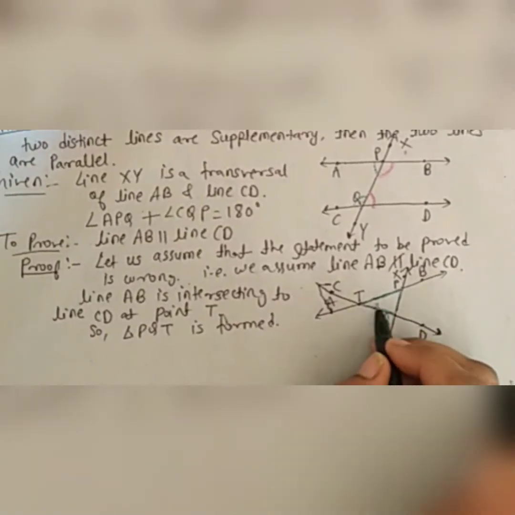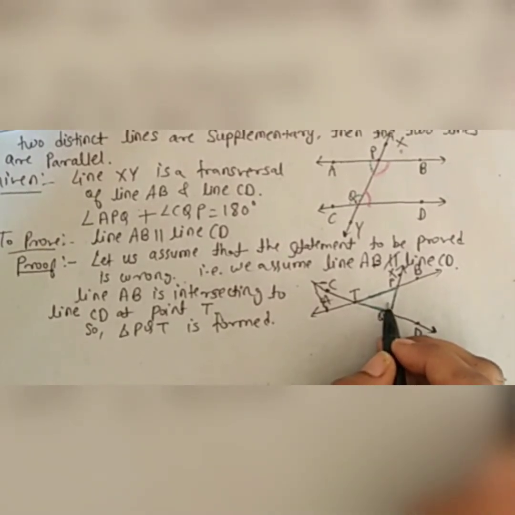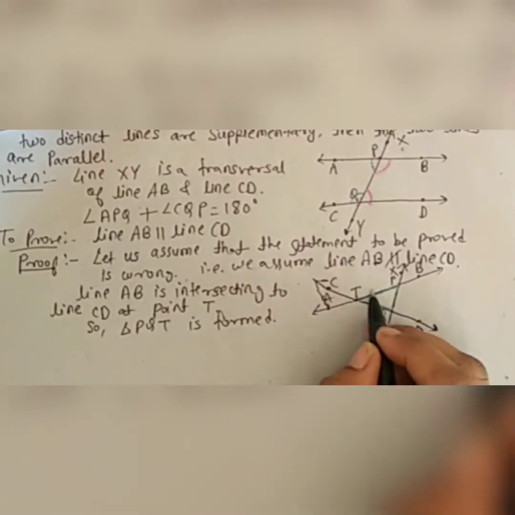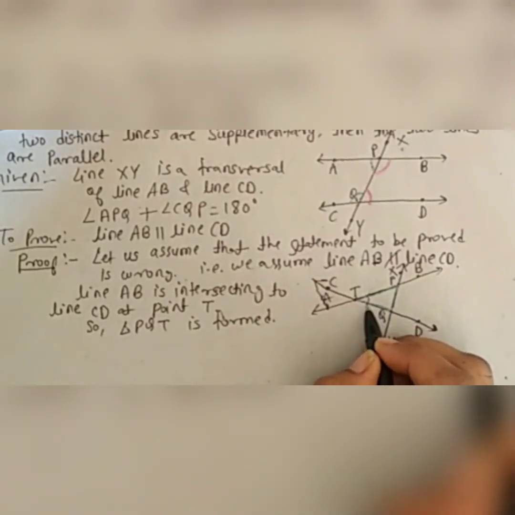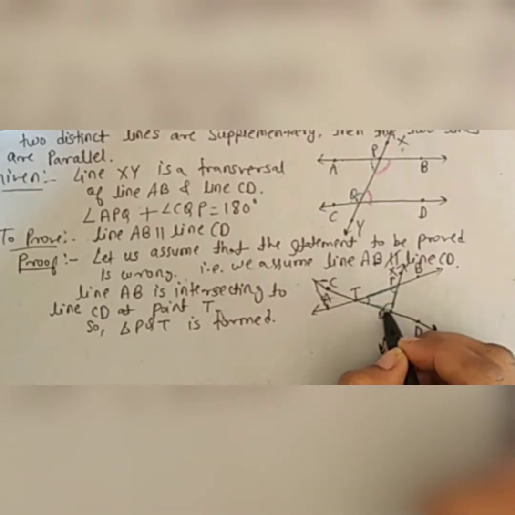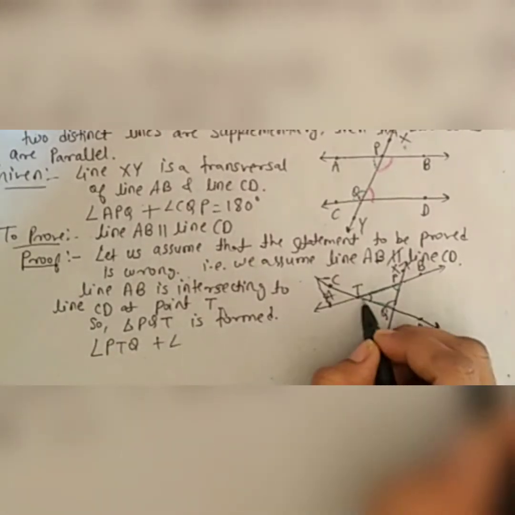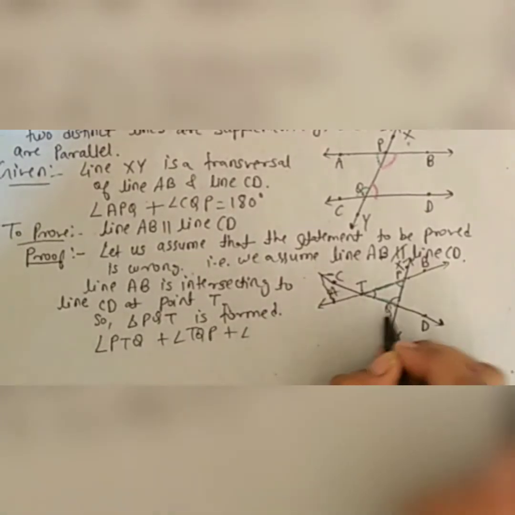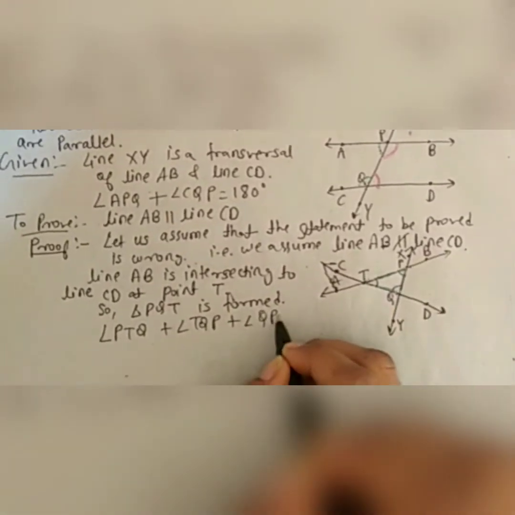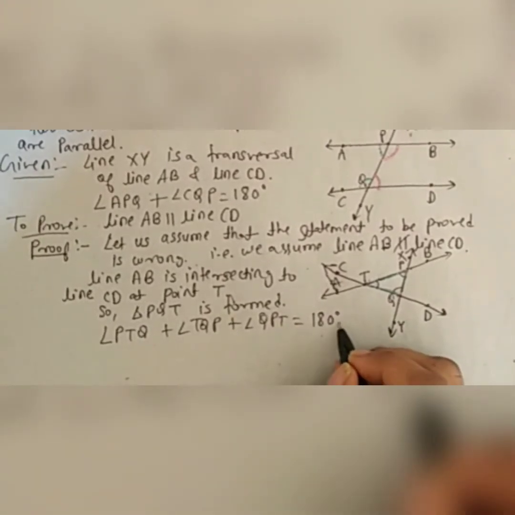The property of a triangle says that the sum of the measures of all angles of a triangle is 180 degrees. It means the measure of angle PTQ plus angle TQP plus angle QPT is equal to 180 degrees.